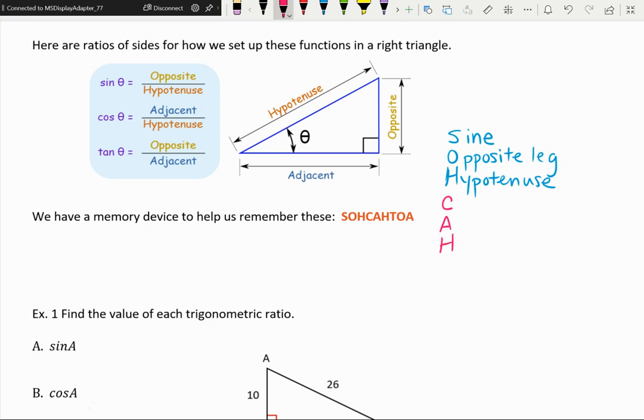CAH. The CAH portion stands for the cosine of an angle is equal to the adjacent leg divided by the hypotenuse.